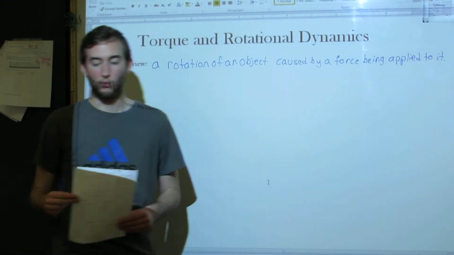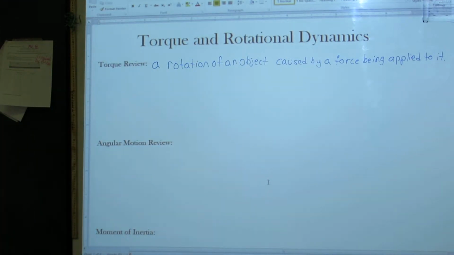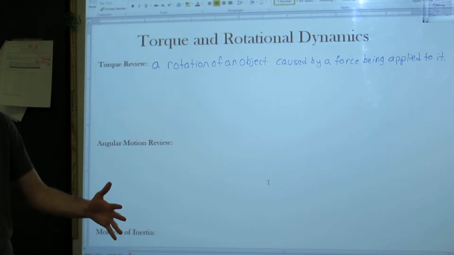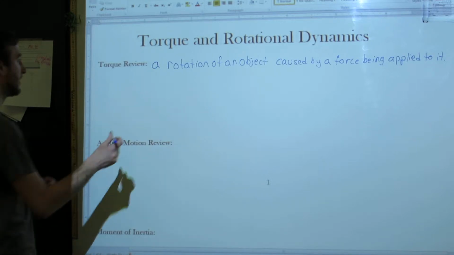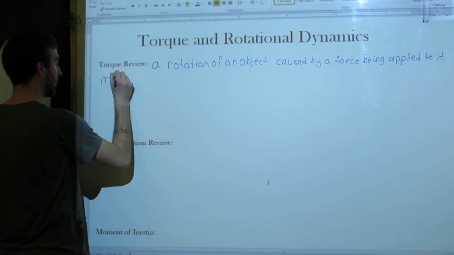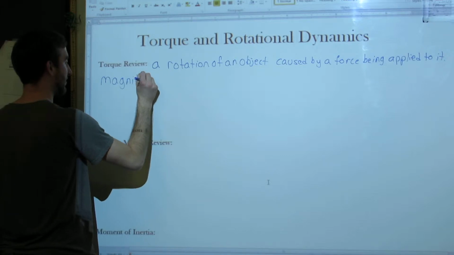Okay. When we first dealt with forces, they caused objects to translate. They caused them to move in either a line or a curved path. Now we have an object that has a force on it, and it's not just being caused to move from a certain position, it's being caused instead to rotate. Okay? The size of the torque, or the magnitude of the torque, is affected by 3 things.